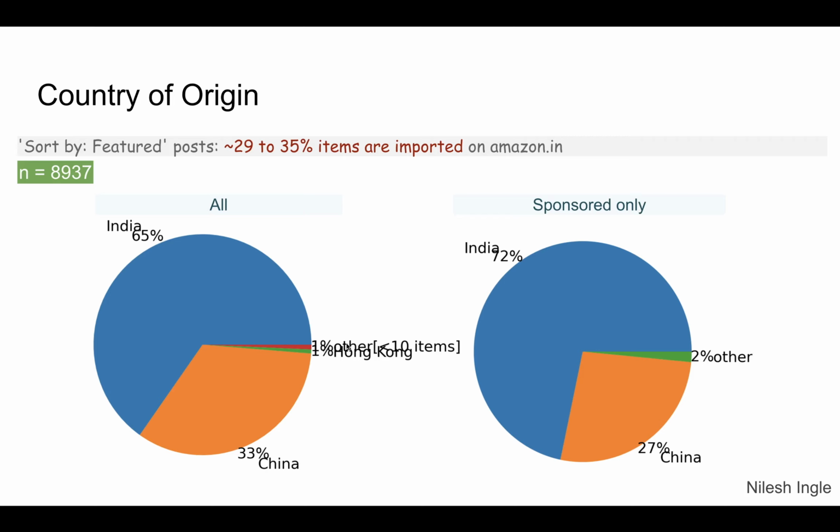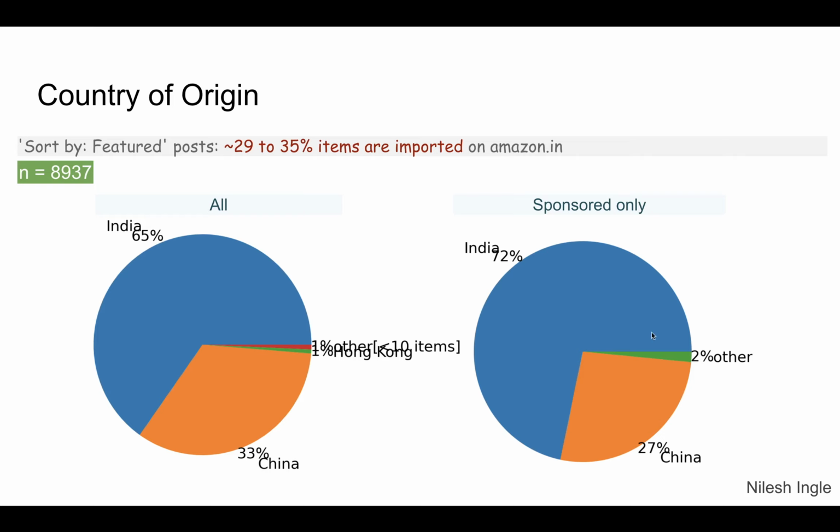So this got me thinking that, okay, if this is the case with all items, what does this proportion look like if we look at only the sponsored items? I was thinking that if the sponsored items are there, maybe their proportions could vary.